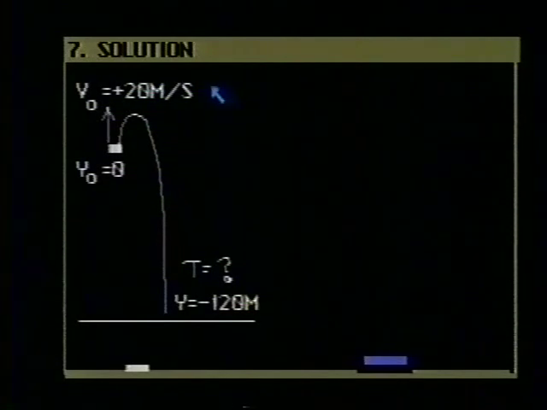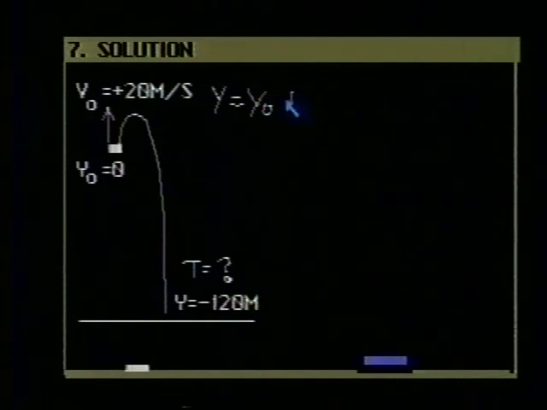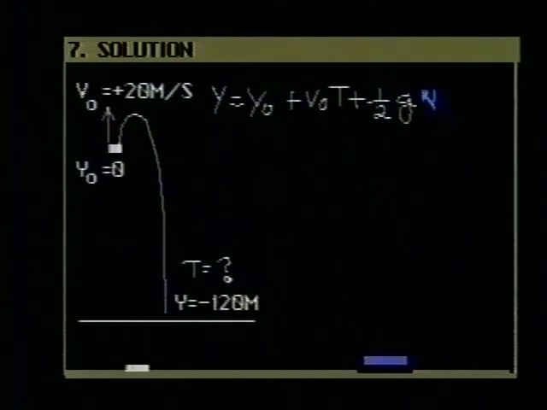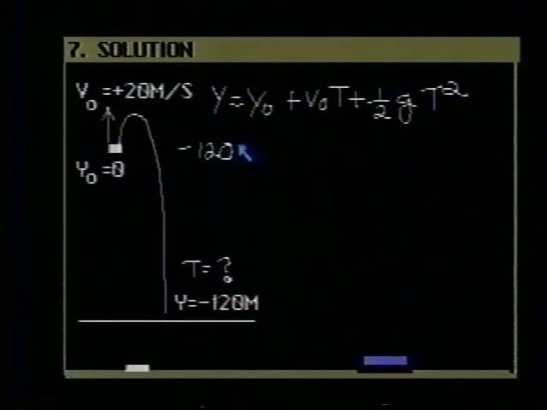If we look at our favorite equation here, y is equal to y0 plus v0t plus 1/2 gt squared, and substitute the values in that we have, that y is minus 120 meters. I'll dispense with the units to save a little space here.